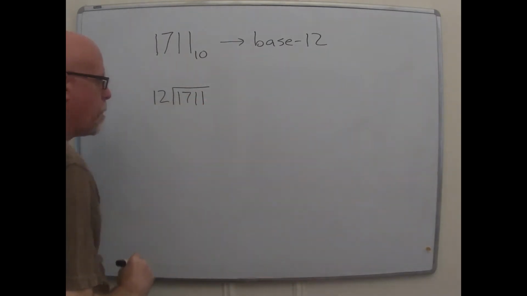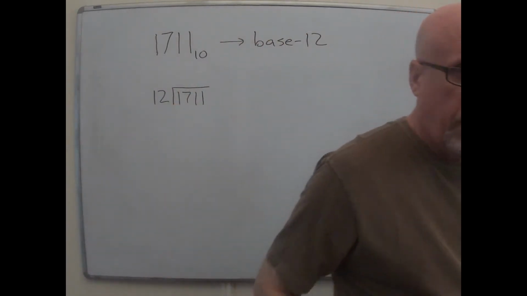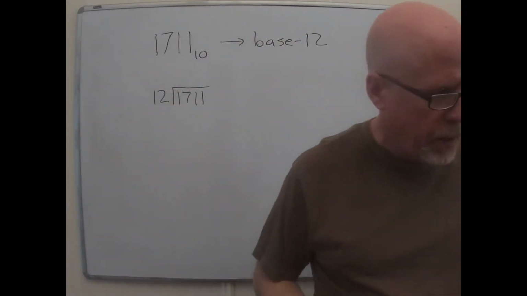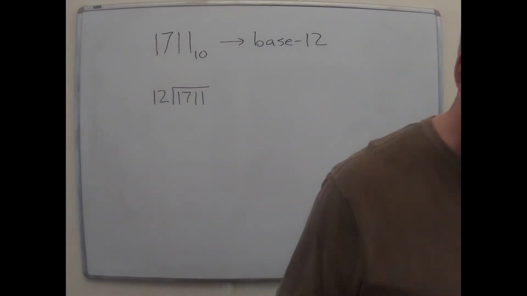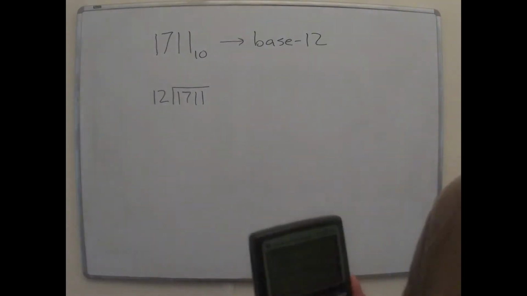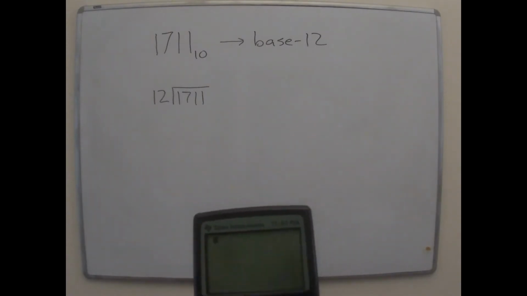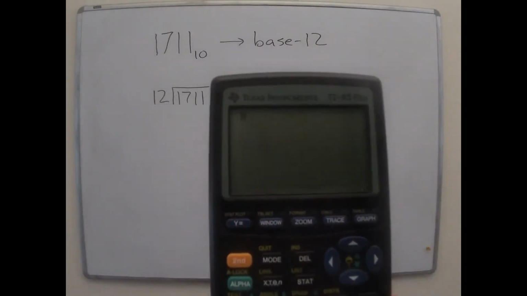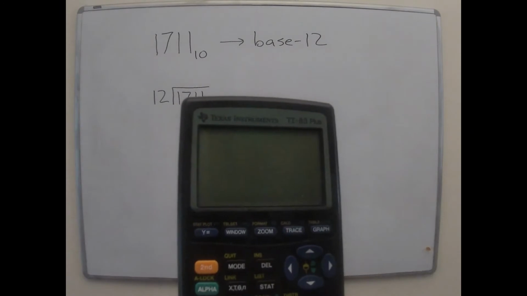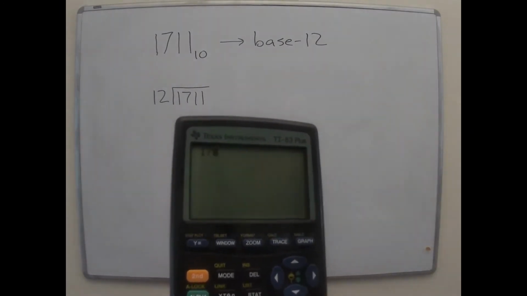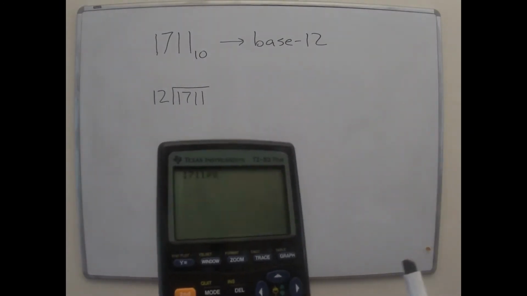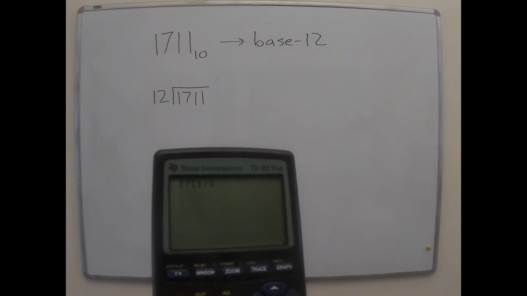1711. I think I can probably manage to show you the calculator on the GoPro here. Hopefully this will work out so that you can see the process we're doing. All right, that's pretty good. So take your 1711 and divide it by the base 12.